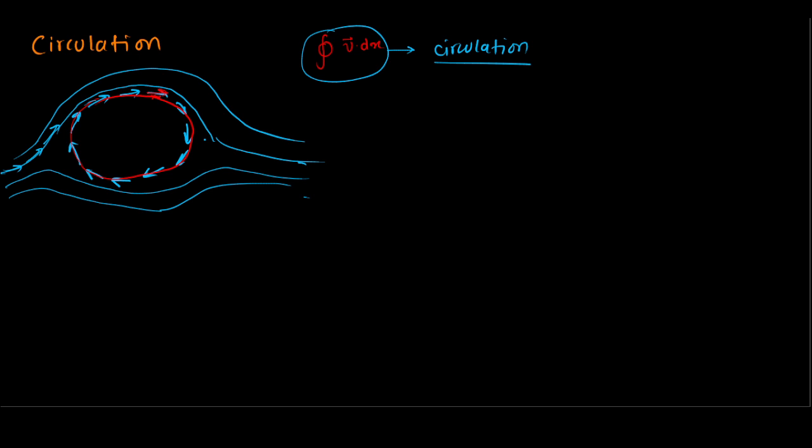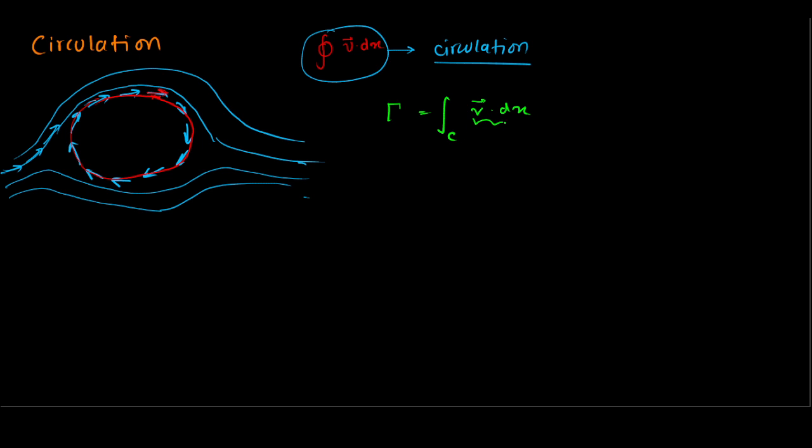Using this concept, we'll build upon what vorticity is. Though vorticity and circulation are closely related, there's a subtle difference between them. Circulation is denoted with a fancy symbol known as capital gamma. So capital gamma is equal to the integral over the whole curve of v dot dx.